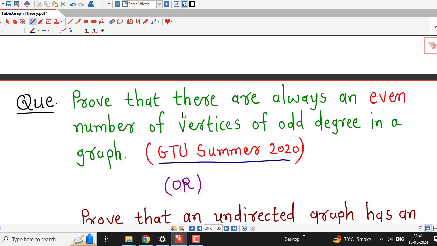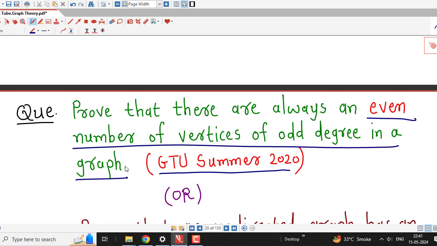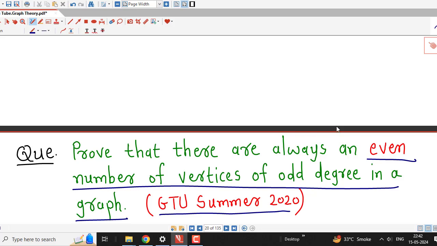The question is: prove that there are always an even number of vertices of odd degree in a graph. This statement says that if we count the total number of vertices of odd degree, then that number is always even.